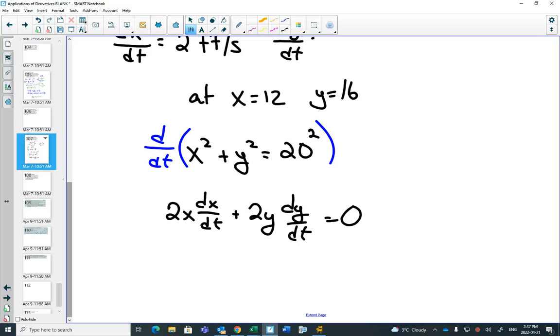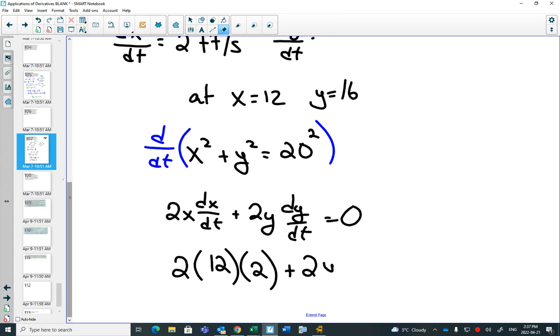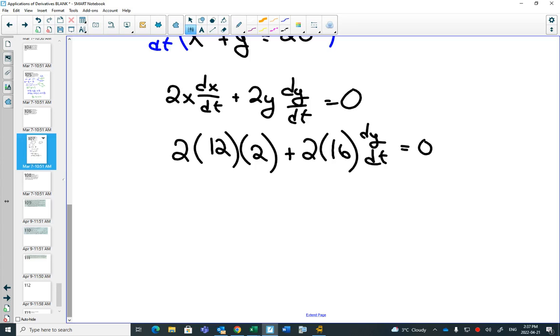Plugging in everything we know, x is 12, dx/dt is 2, y is 16, and we want to find dy/dt. Moving this number over, we'll have 32 dy/dt equals negative 48.